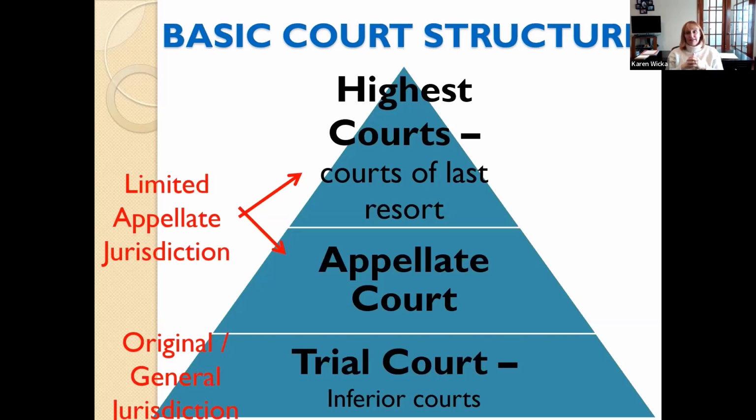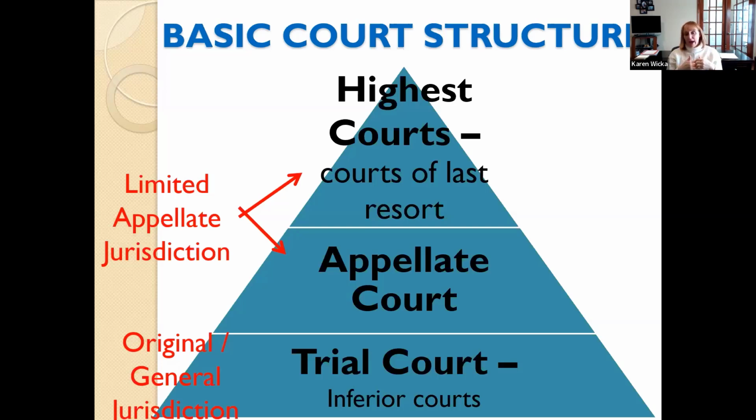The next level is what we call the appellate courts. So go back, in the trial court, in the federal level, it's called the district court. In New York State, it's called the Supreme Court. Then we have the appellate court level, which is the middle court. So if you don't like what happened at the trial court, you can always ask the next court up, the appellate court, to hear the case and see if any errors were made at the trial court.